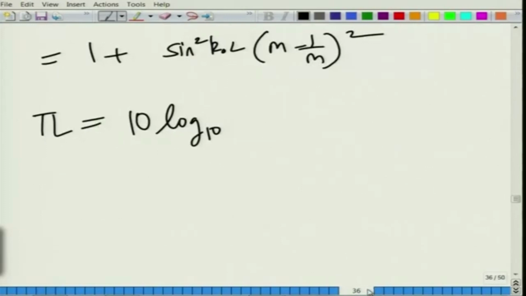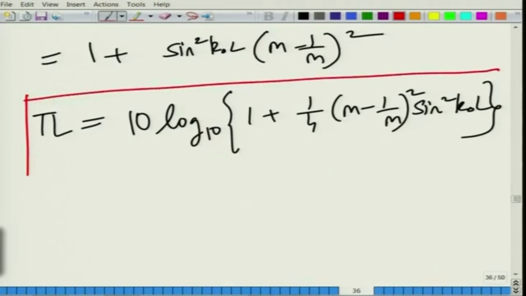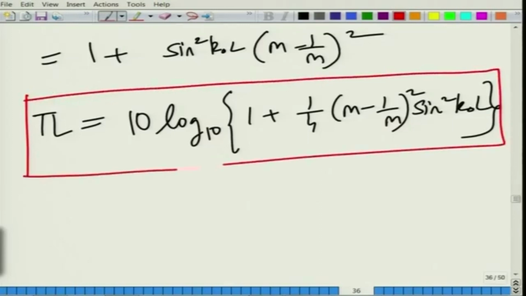So, let us discuss very briefly the consequences of such a thing. This is finally the much coveted expression that we aimed for at the beginning of this lecture 5 of week 4.